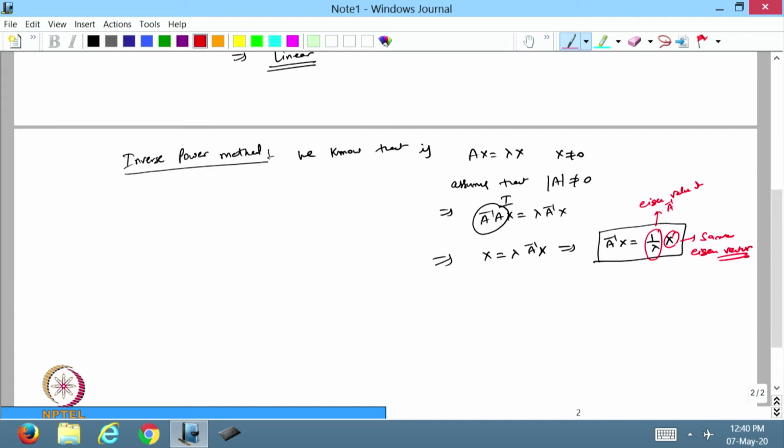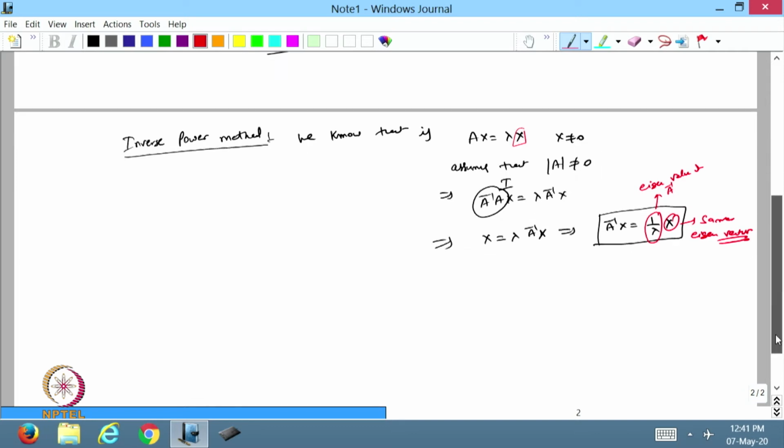So, whatever eigenvector I started with, 1 over lambda will be the eigenvalue corresponding to A inverse.